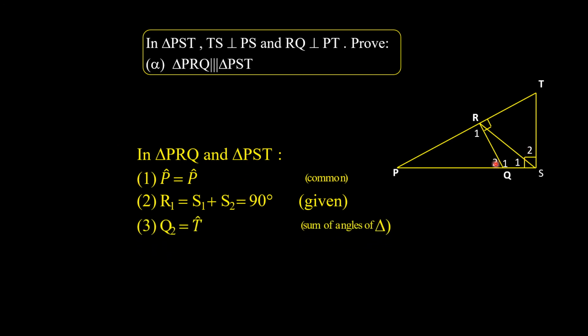The third angle is automatically equal because of the sum of the angles of a triangle. Therefore, the three angles of the small triangle PRQ are equal to the three angles of the triangle PST. Therefore, equiangular. That is our conclusion. When they are equiangular, the triangles are similar. Okay, that is how we prove.